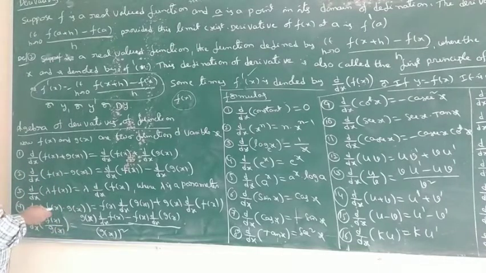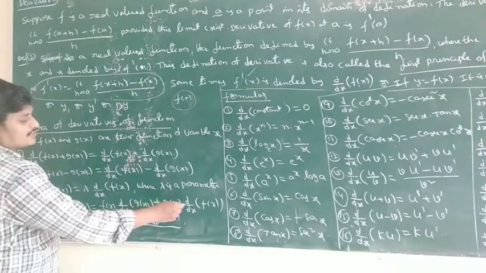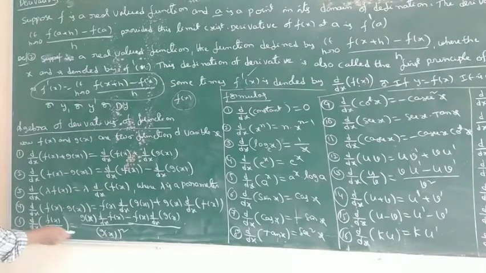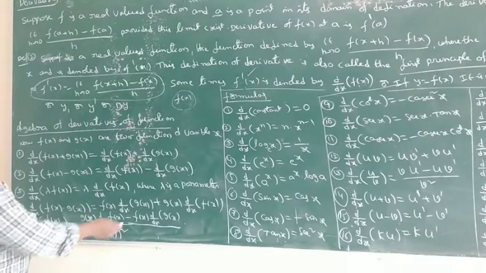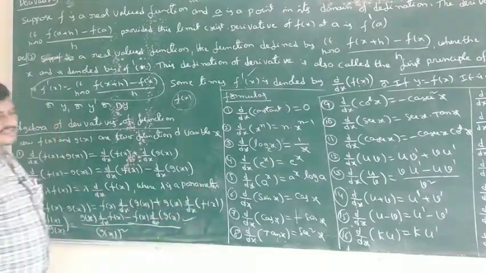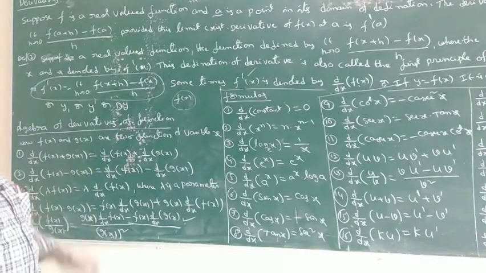It is f of x into the derivative of g of x plus g of x into the derivative of f of x. Next, the derivative of f of x by g of x: the denominator is g of x whole square, and the numerator is g of x into the derivative of f of x minus f of x into the derivative of g of x. This is the algebra of functions.